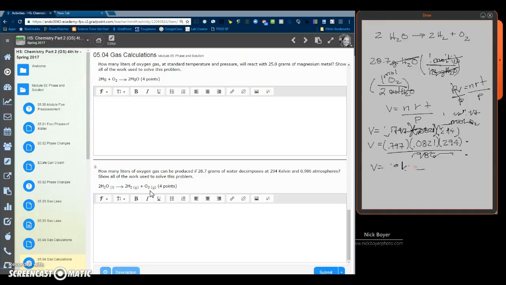The unit is going to be liters of oxygen gas. Oh gosh, you can't read that. So volume equals 19.5 liters of oxygen gas. I'm just going to scratch this off because that's sloppy.